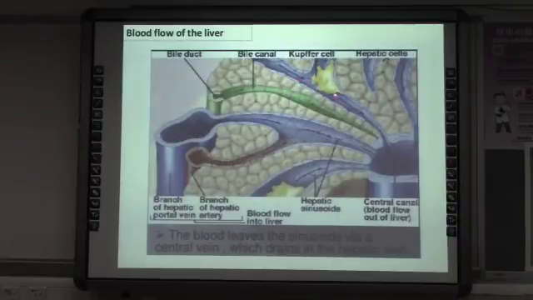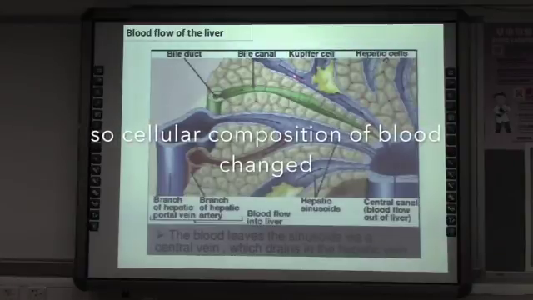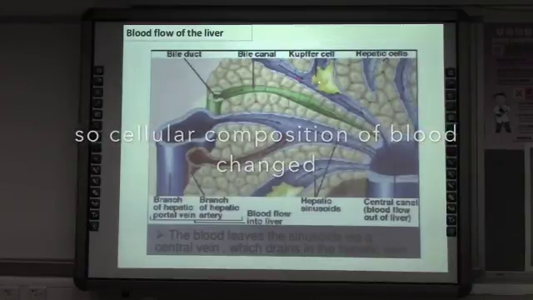That's why your liver is able to change the cellular composition of the blood. If they engulf bacteria, they will decrease the number of bacteria in the blood. If they break down red cells, they also modify the red cell numbers in the blood.